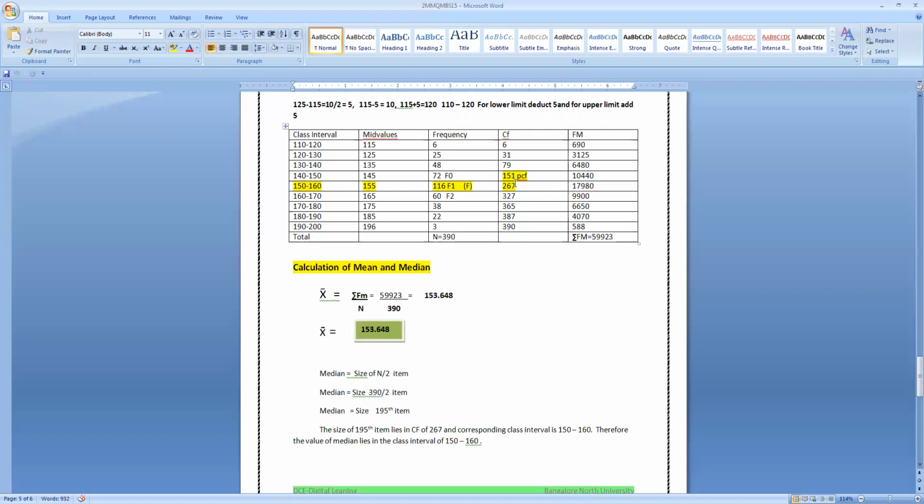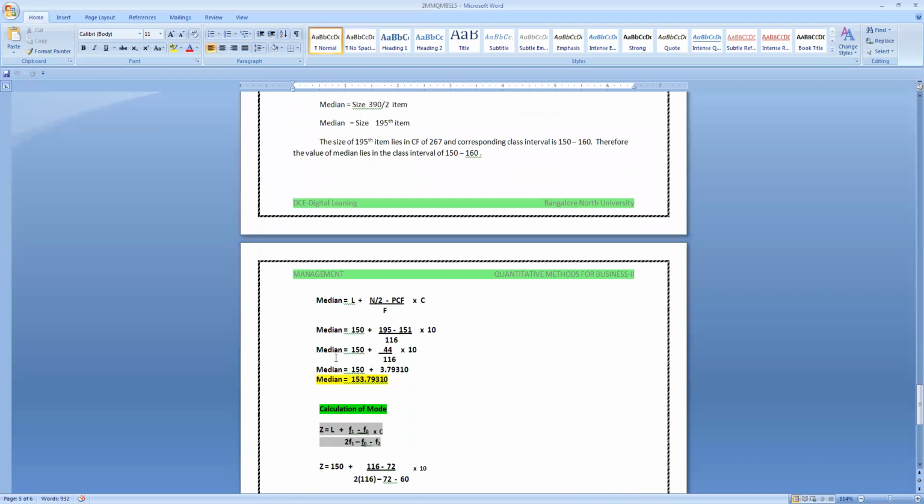After 151, the next highest is 267. Therefore, the size of the item 195 lies in the CF 267. Corresponding to that, the class interval is 150 to 160. Therefore, the median lies in the class interval 150 to 160.